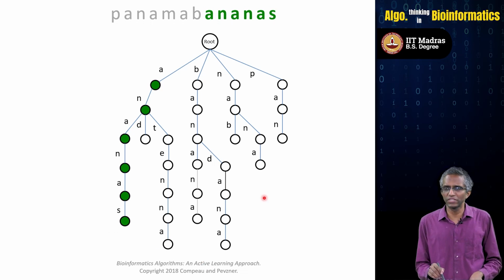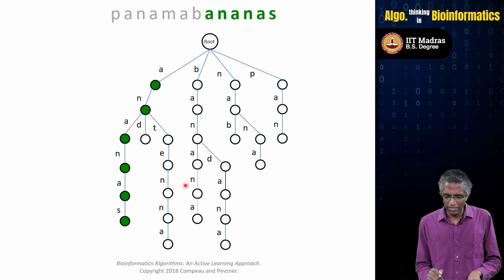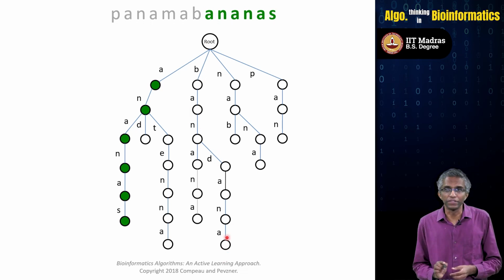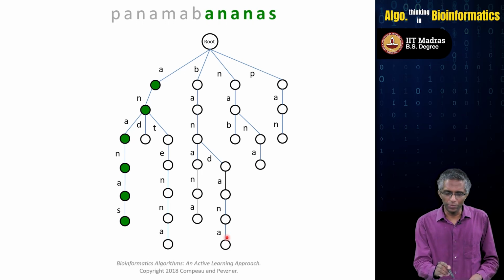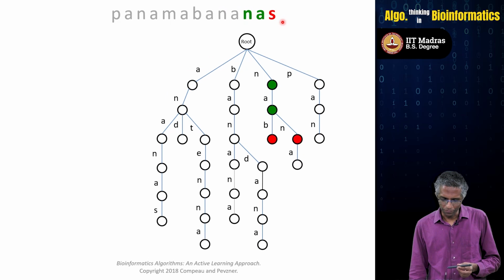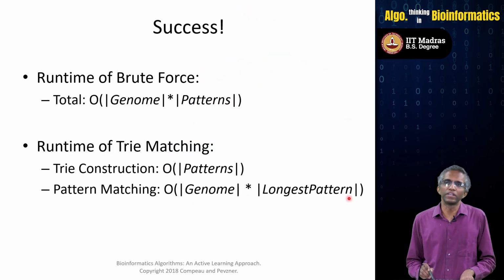That is the worst case running time for any particular position. And so the worst case is going to be the branch with the longest length, and that is going to be the length of the largest pattern, right? And that is going to happen for every location in the genome. So then that is going to be order of genome into the longest pattern size.